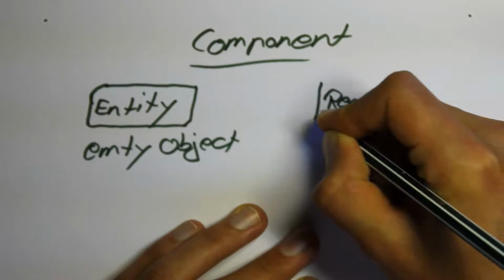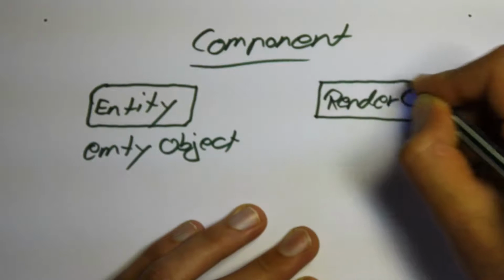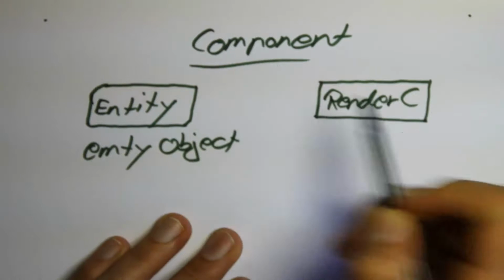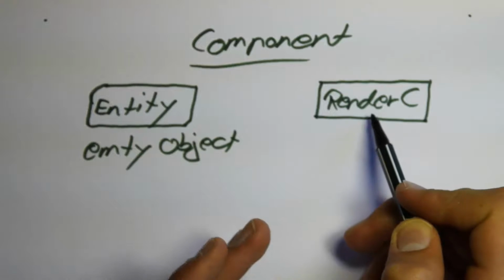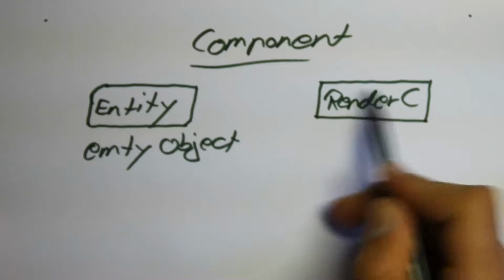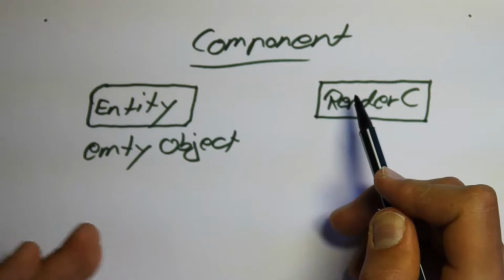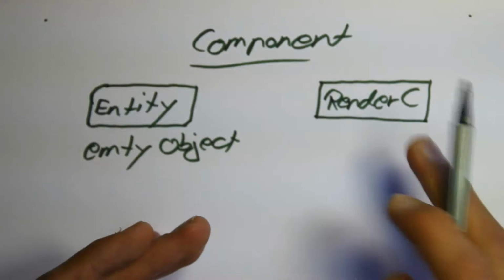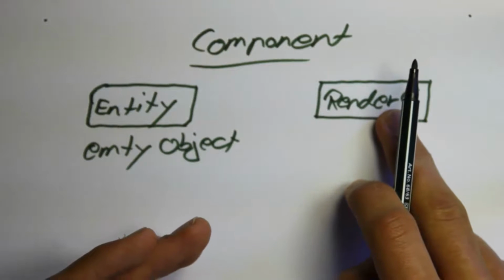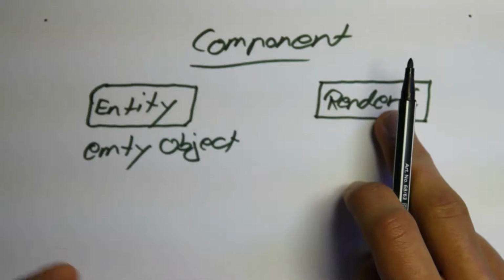So basically we have a superclass, which is the component, and we can make a lot of subclasses of that component, and each of the subclasses will have some specific logic programmed into it. For example, the render component will have an update message where it renders our game object.